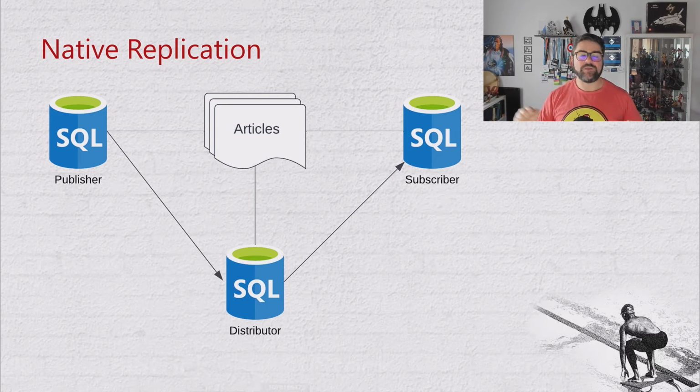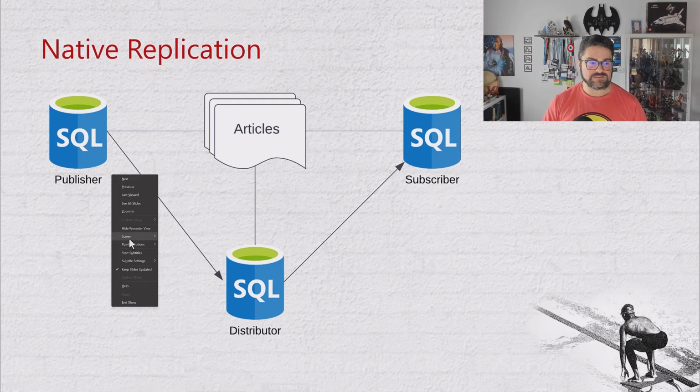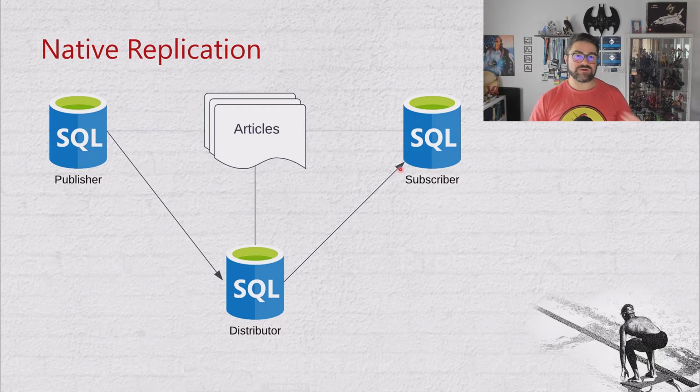And we also have articles. Articles are pretty much the objects that are being replicated between the publisher and the subscriber, okay? Very straightforward, very vanilla. If something changes on the publisher side, it also needs to be replicated to the subscriber side.